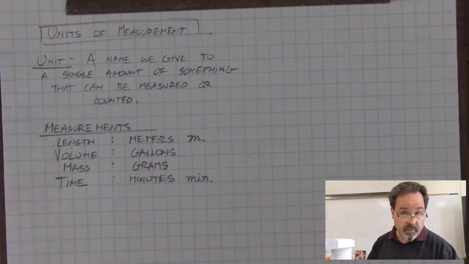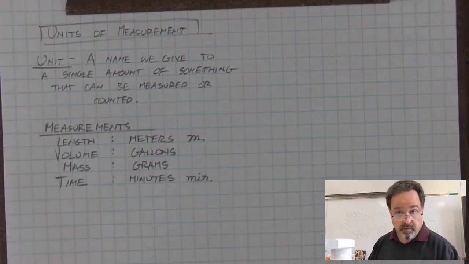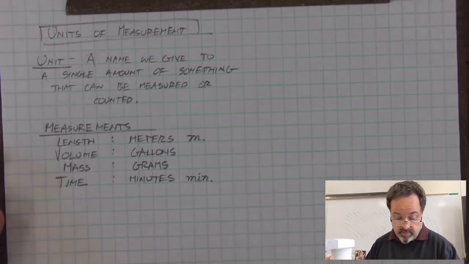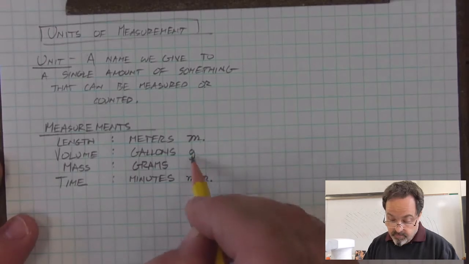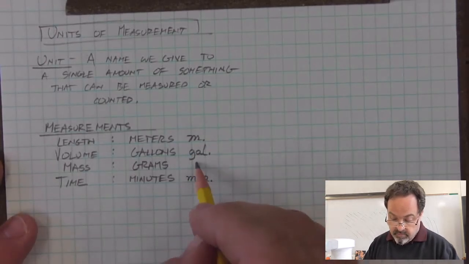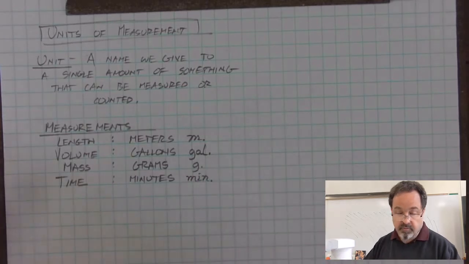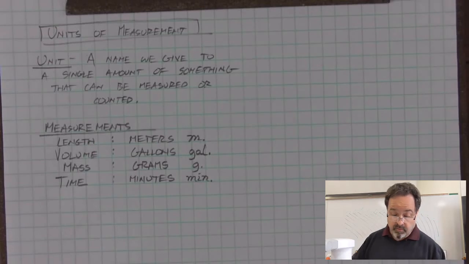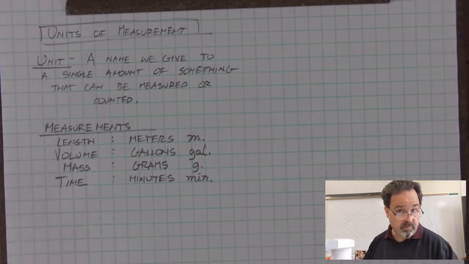Gallons and grams both start with a G, so their abbreviation, in order to distinguish them, must be different. GAL for gallons, and just G for grams. We need to use the correct abbreviation because we don't want to be confused in the units that we're using.